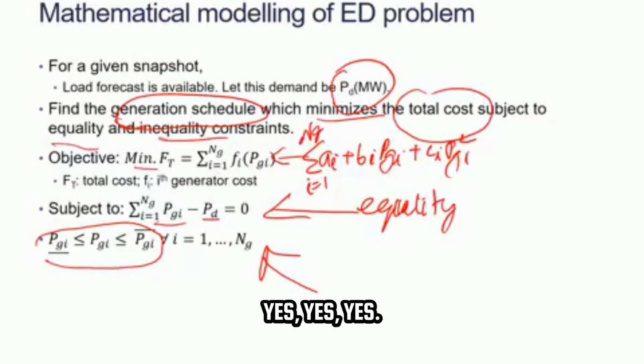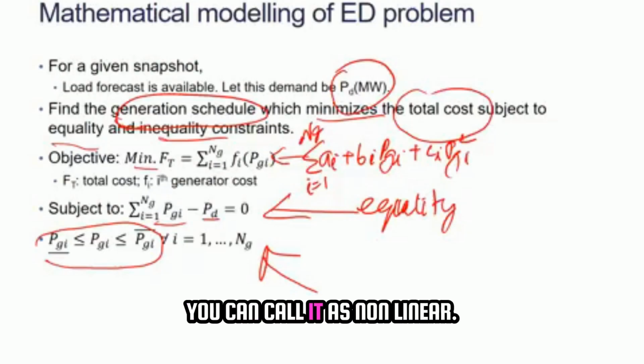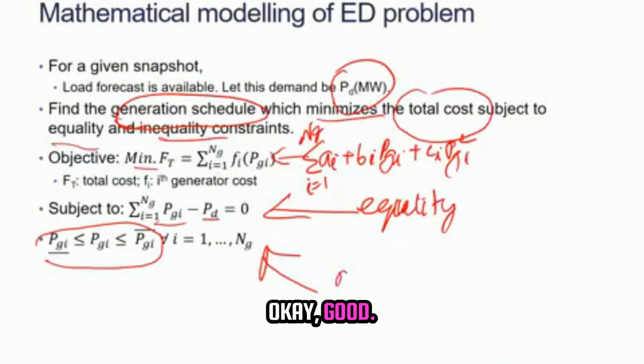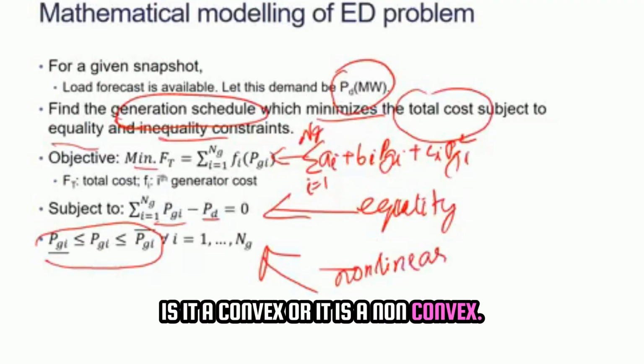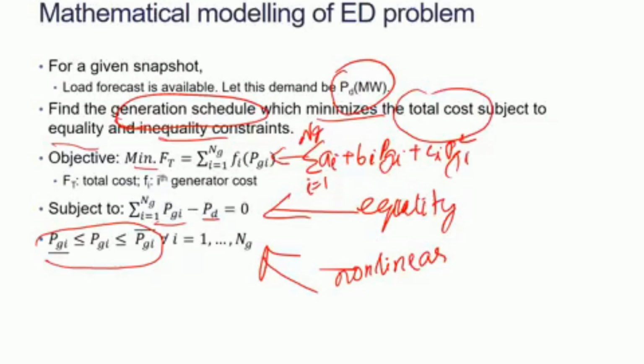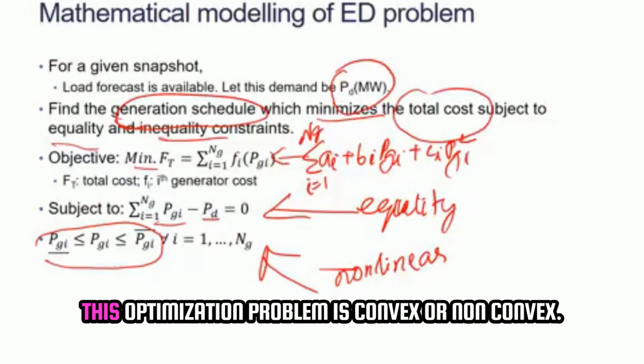Because the objective function is not linear. Yes, you can call it non-linear. Okay, good. And what about convexity? Is it convex or non-convex? Is this optimization problem convex or non-convex?